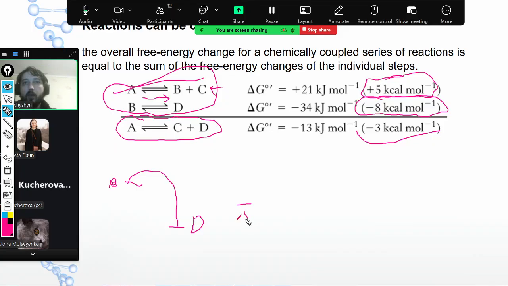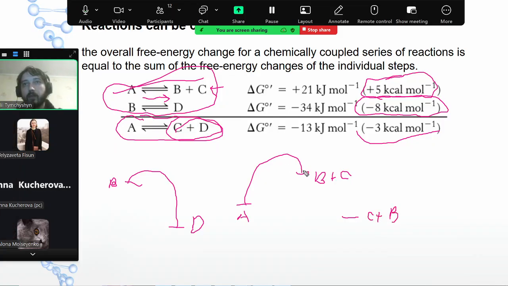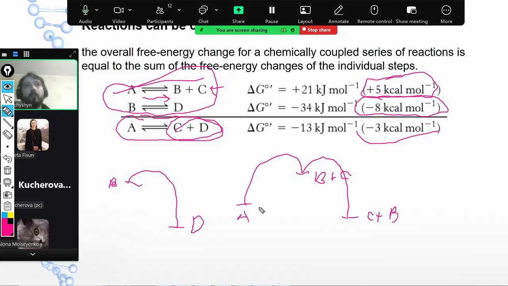A is somewhere and the products are somewhere here, B plus C. But if we couple these reactions to make from A, C plus D, we will be able to get our final state somewhere here. And now this is energetically favorable. So that's the key point.